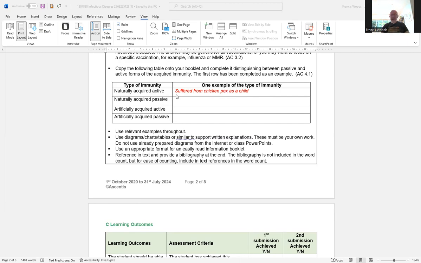So you need to then give an example, and there are definitions to come in our PowerPoint. So that table must be included. And at that point, you're beginning to finish your assignment. So let's go back and finish off.